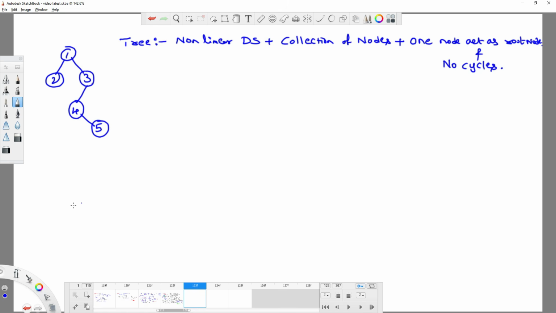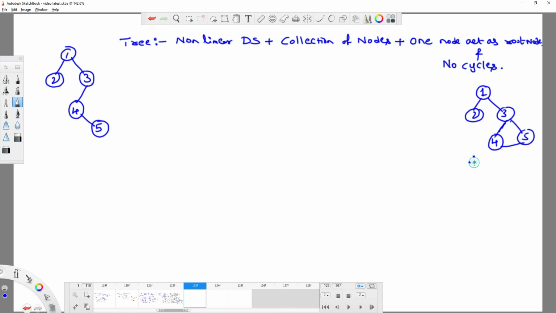What is a cycle? If I take 1 as a node, with 2, 3, 4, 5, and these are connected something like this, this is nothing but a cycle. From 3 I can move to 5, from 3 to 4, 4 to 5, 5 to 3. So I can call it a cycle.